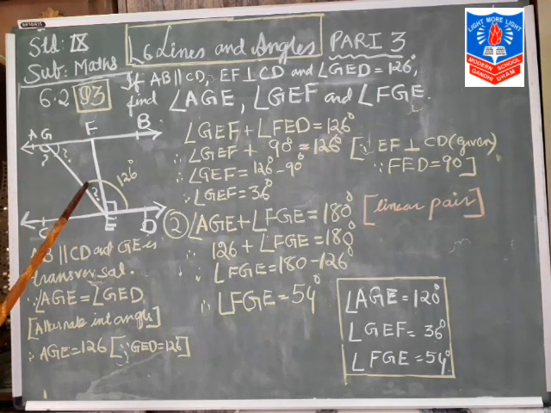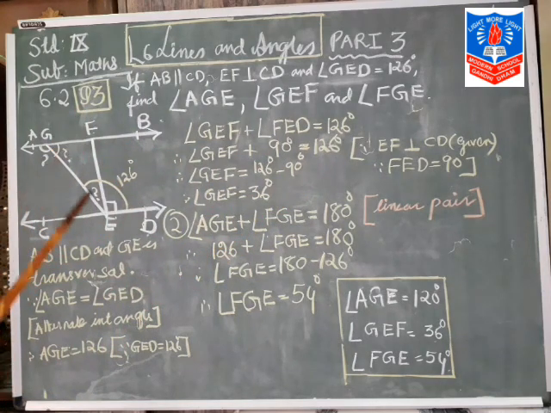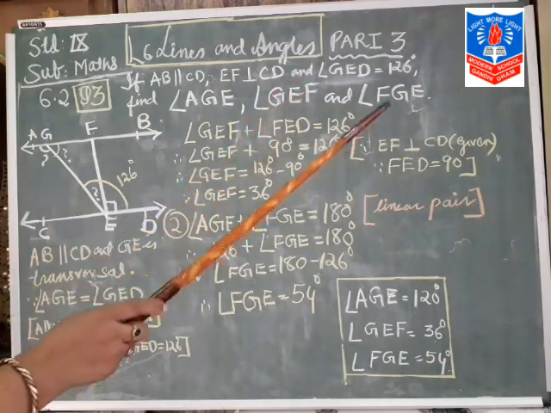The full angle is given as 126. And FE is perpendicular to CD, and FED equals 90. Second question clear? GEF equals 36.